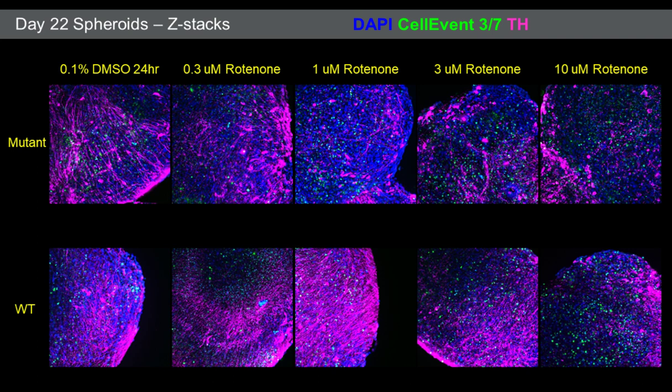You may notice that the extent of the TH staining is progressively reduced with increasing drug concentration, while the caspase dye increases, but neither of these measures declines to 0 on either end of the scale, which affects our quantitation.